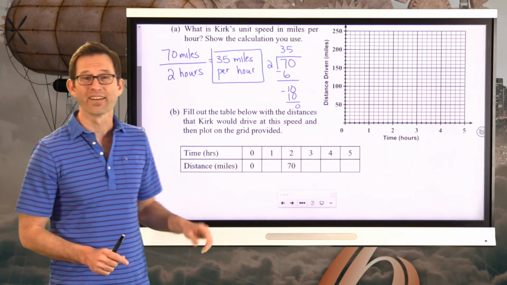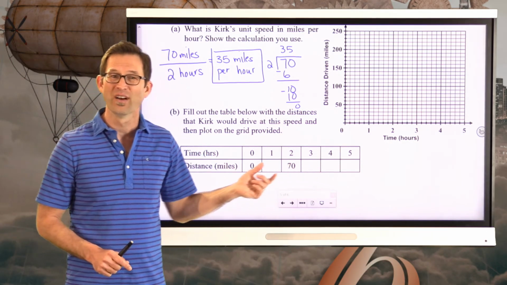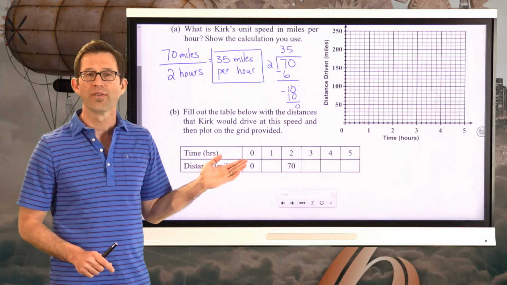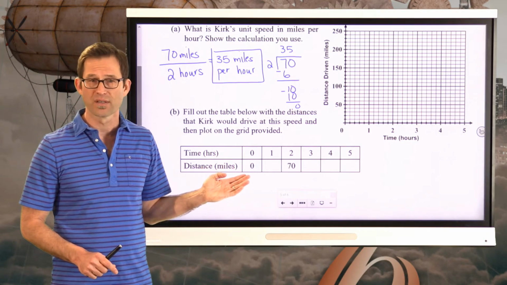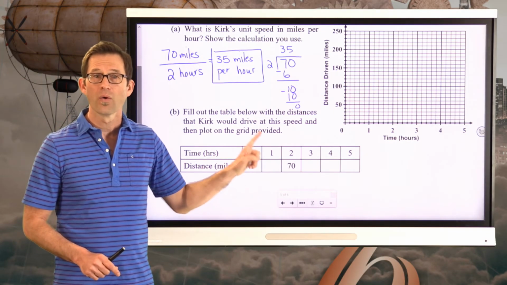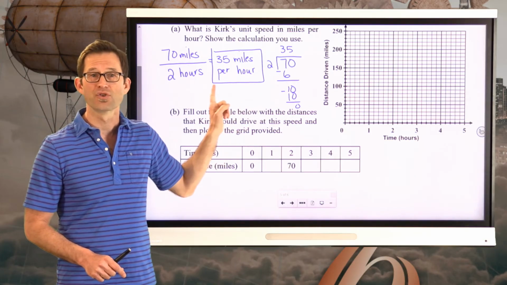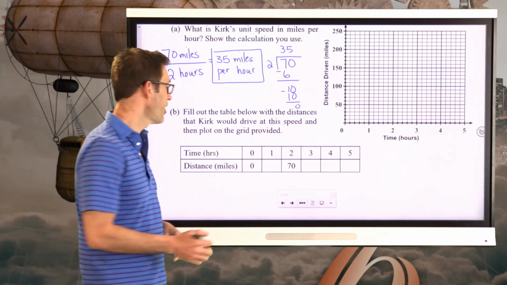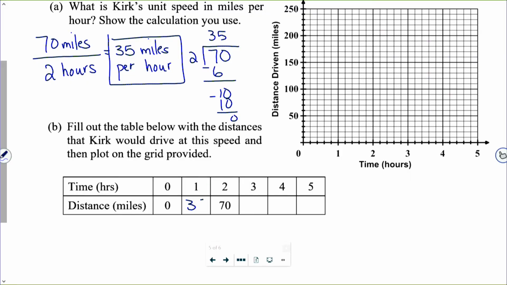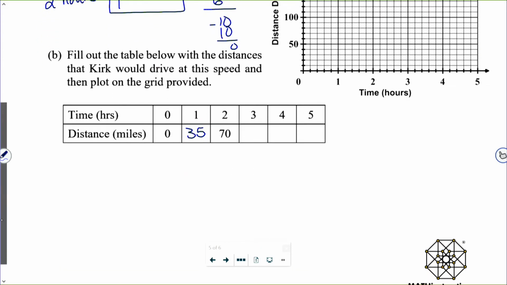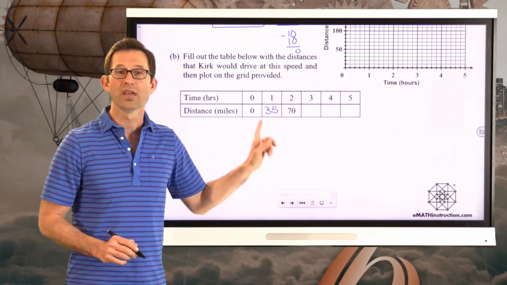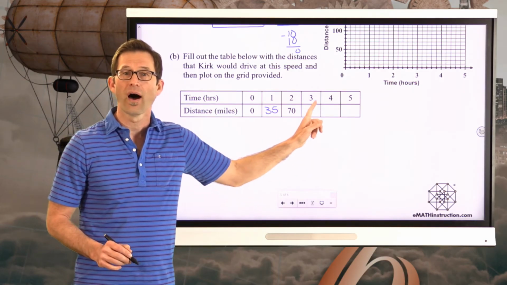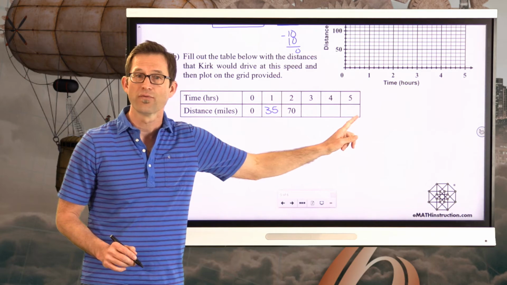And we're back to ratio tables, right? So, obviously if Kirk hasn't been driving at all, then he's gone no distance. But in 1 hour, we now know exactly how far he's driven. He drives 35 miles, right? Every 1 hour, he drives 35. And in fact, one of the ways that we can fill out this table is just continually add another 35 to the previous distance we've driven.